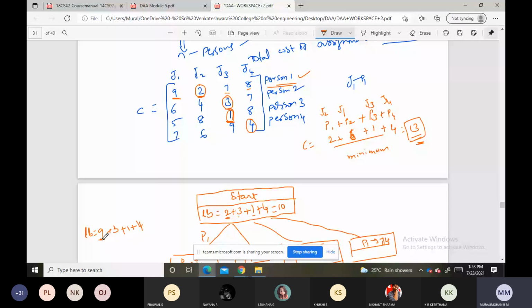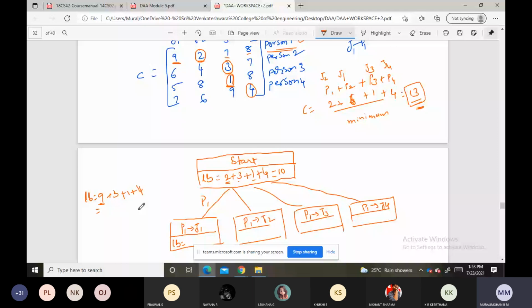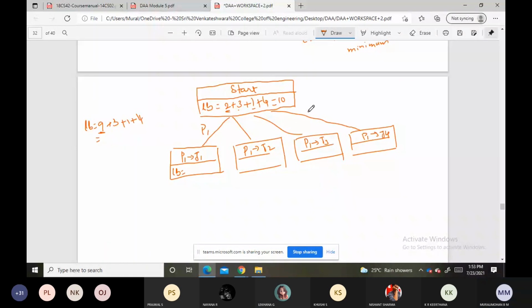So what is 9 plus 3 plus 1 plus 4? It is 17. So the lower bound value is 17. I hope everyone got how we got this value 17.